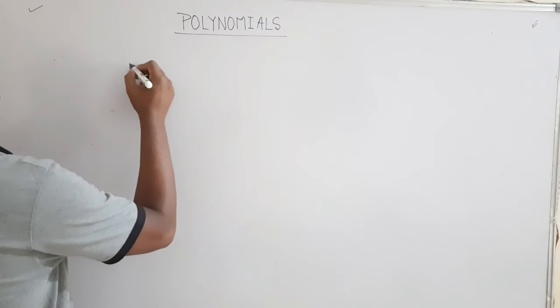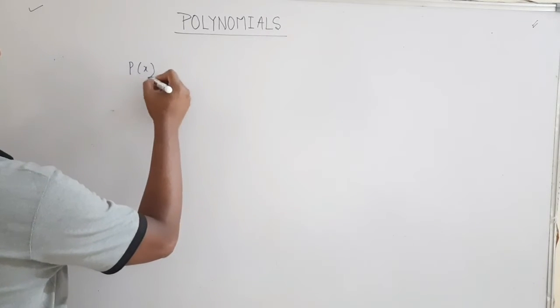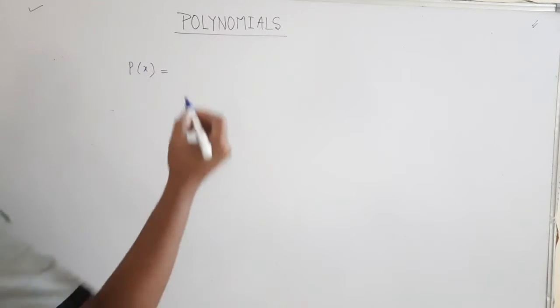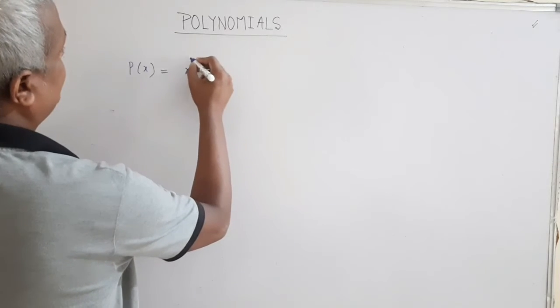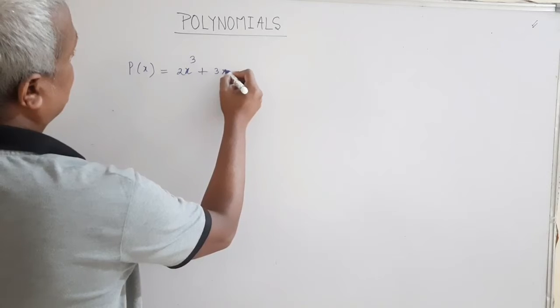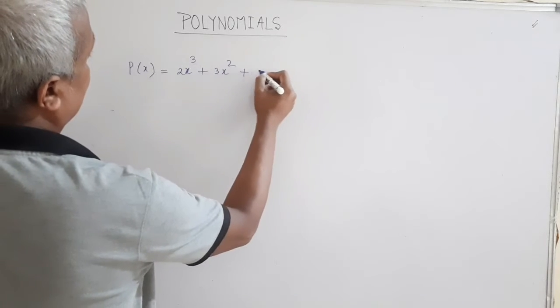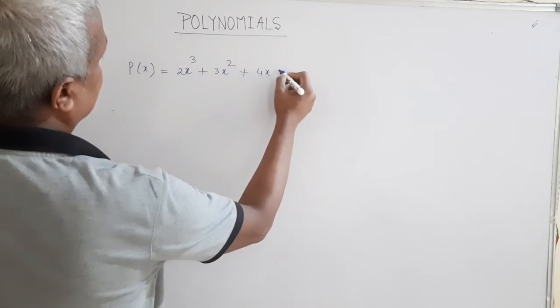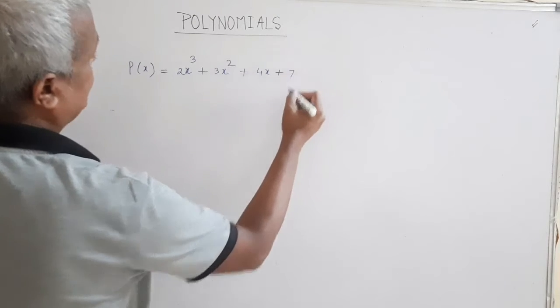Let me assume a polynomial of degree 3. Suppose I have 2x cube plus 3x square plus 4x plus 7.